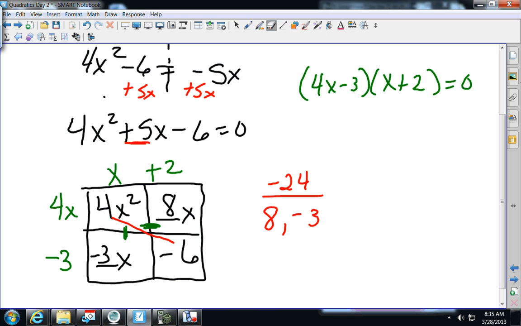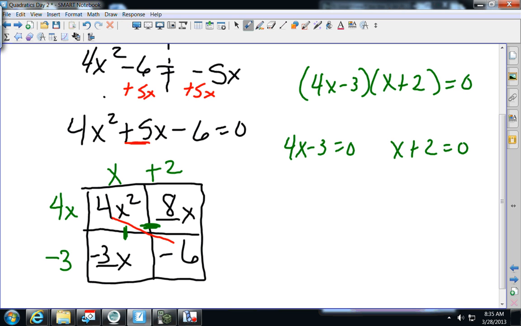That's my factors. Now to find my zeros, I'm going to take 4x minus 3 and set it equal to 0. X plus 2 and set it equal to 0. So I'm going to add 3 to each side. I get 4x equals 3. Divide by 4.